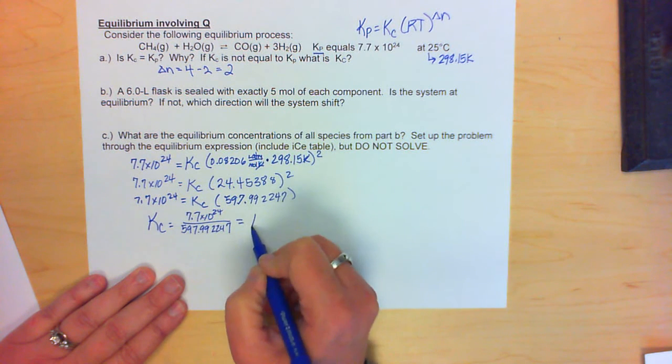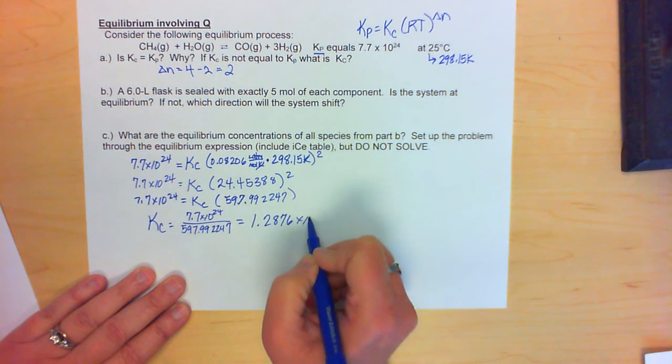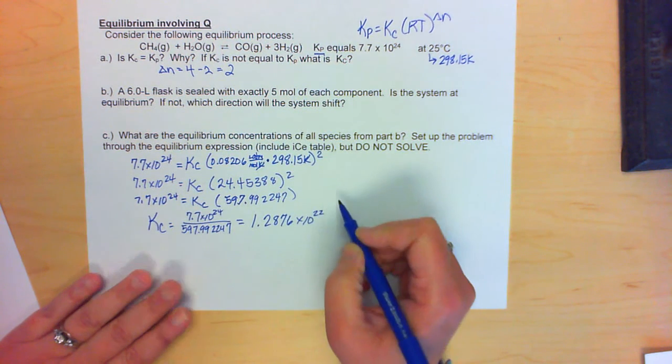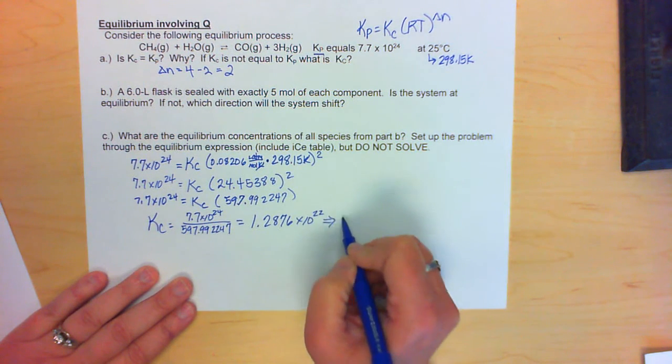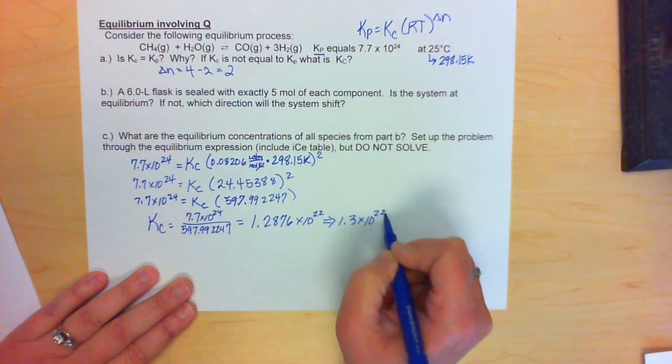So our Kc comes out to be 1.2876 times 10 to the 22nd, which is 1.3 times 10 to the 22nd.